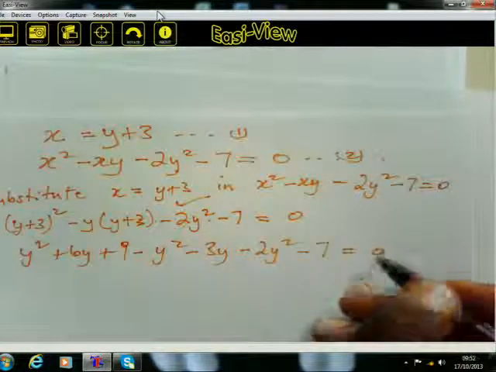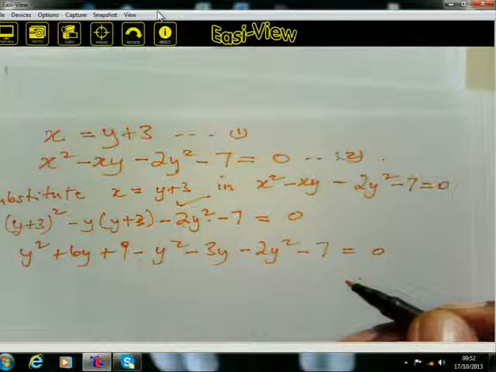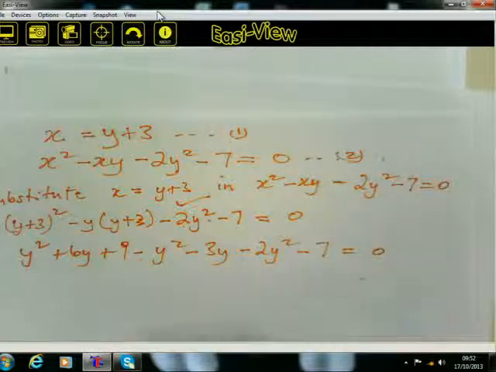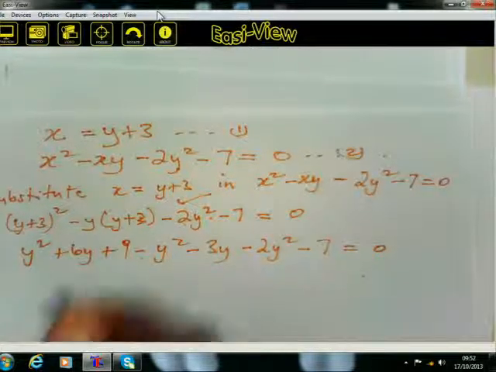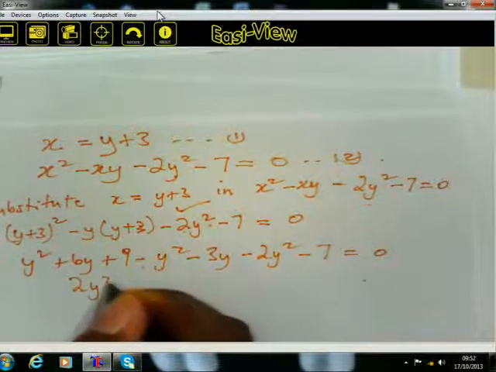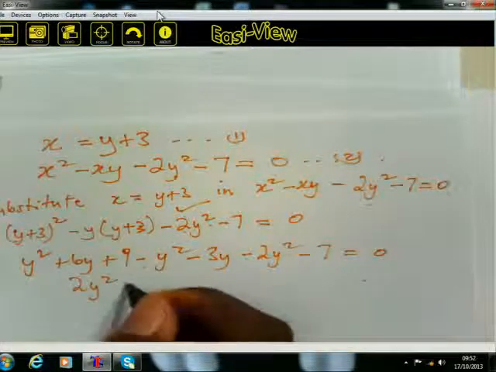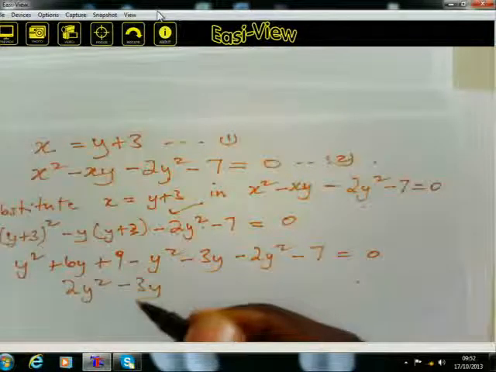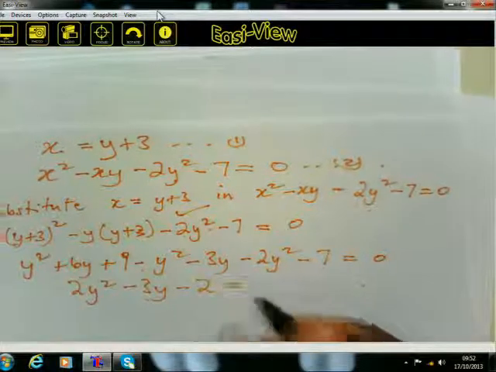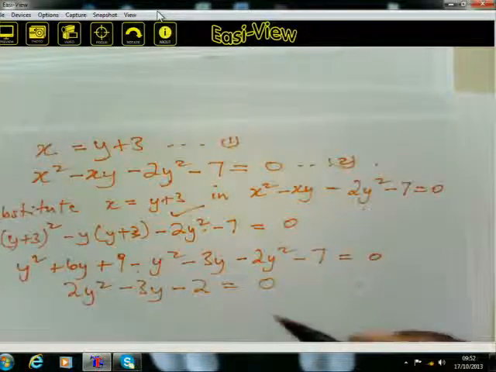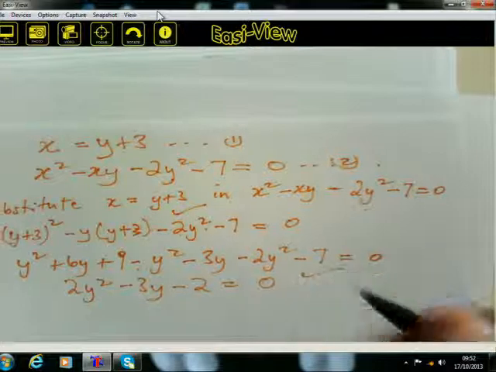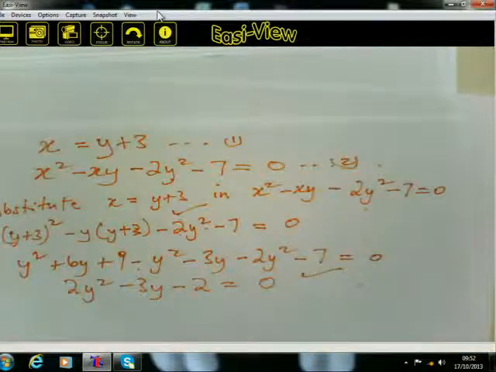The answer is equal to 0. And then ultimately simplifying this will give us the standard form, which is 2y squared minus 3y minus 2, which is equal to 0. And for the standard form, you also get a mark.